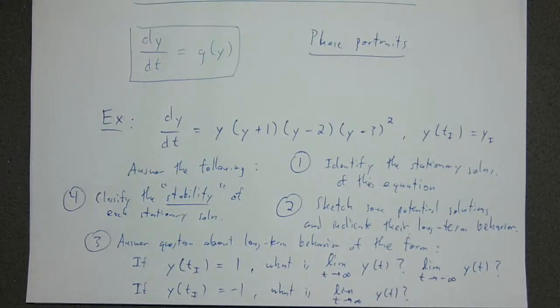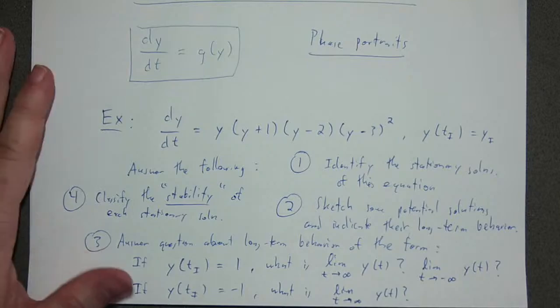We'll see what that means when I get around to it. This is also going to have implications for some of the terminology that we use near the very end of the course, so we'll be returning to this much later. But for now, these are the main things we want to address for a problem like this.